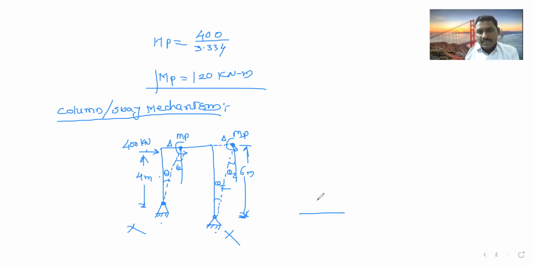Please remember, if a fixed support is there, then there will be a moment MP. But this is a hinge support, so no moment is generated. So the moment will be 0. Only 2 moments will be there. Got it?